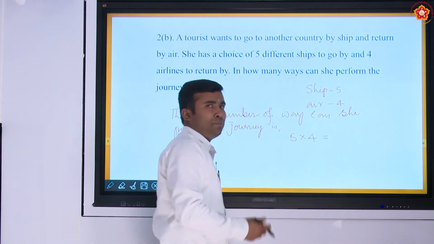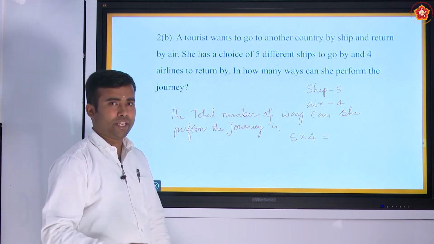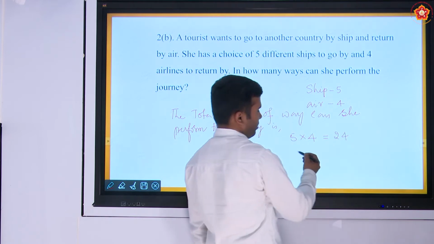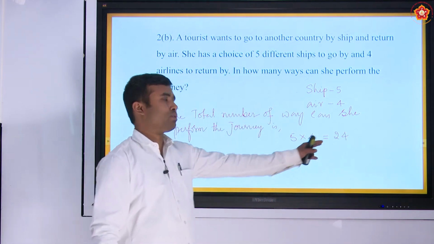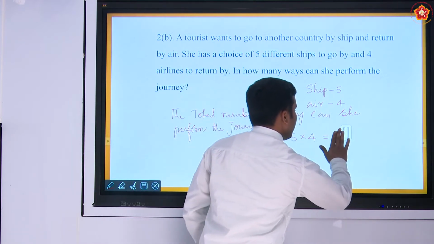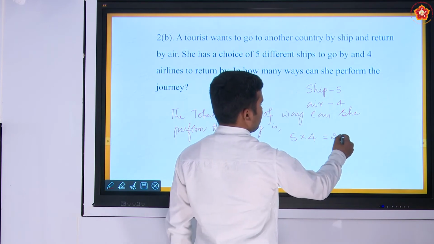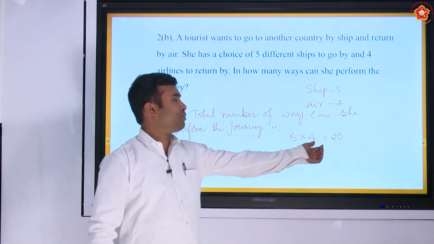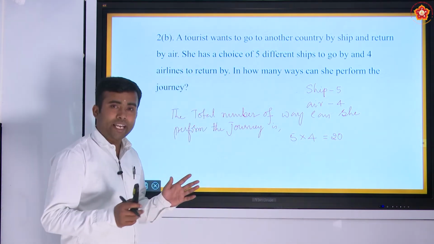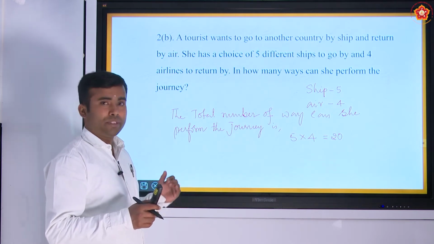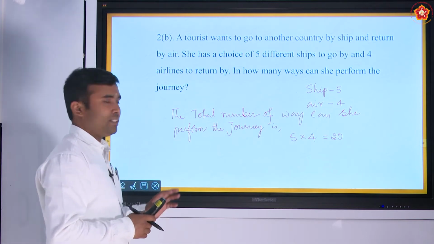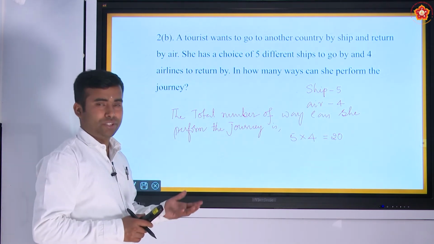So, by the fundamental counting principle, we have 5 into 4, that is 4 fives are 20. So, 5 into 4 is equal to 20. There will be a total of 20 ways she can have the journey.